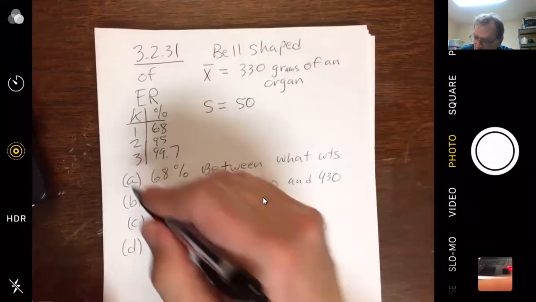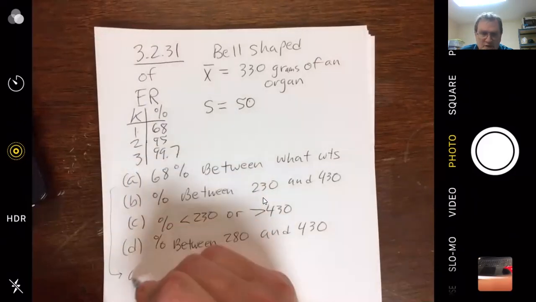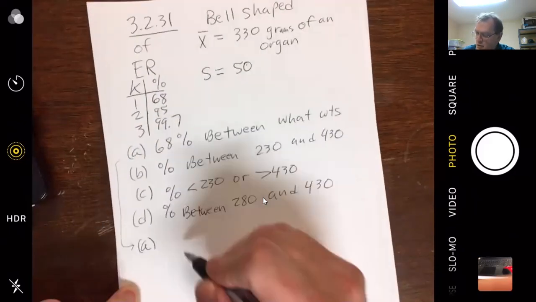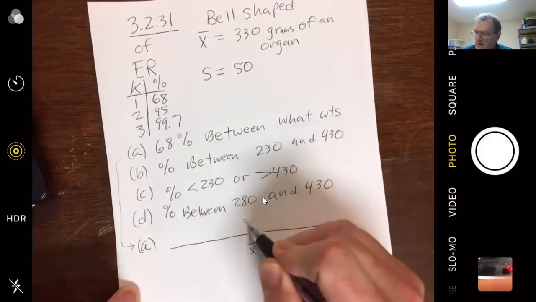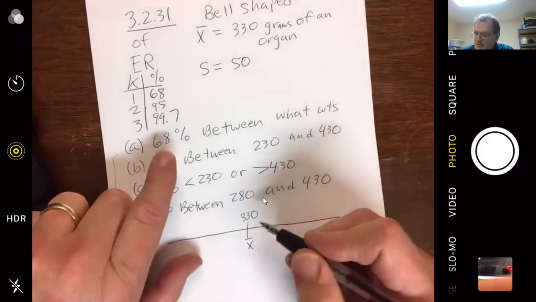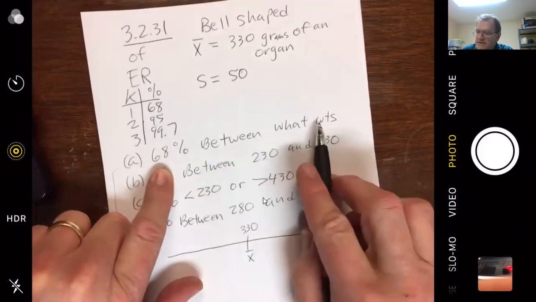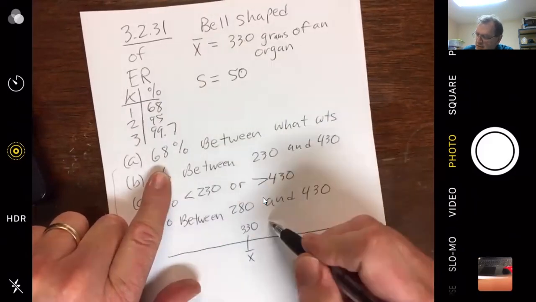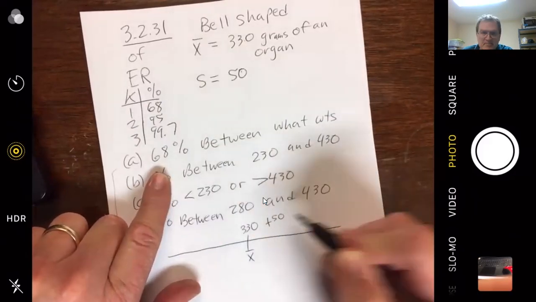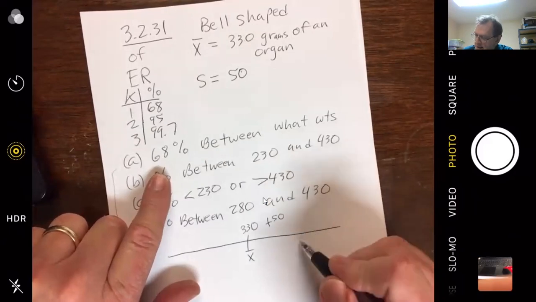So if I come down here to part A, it's very similar to that practice one I just worked. Your mean at the center is 330. 68% are within the weights that are within 1 standard deviation of the mean. So with these numbers, 1 standard deviation would add 50. That would make it 380.